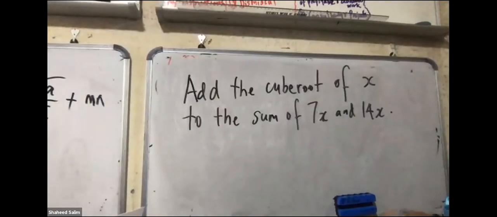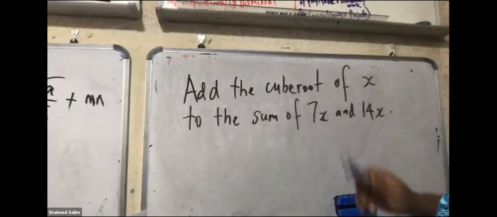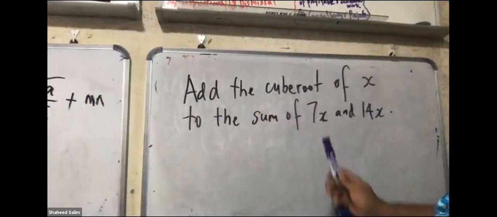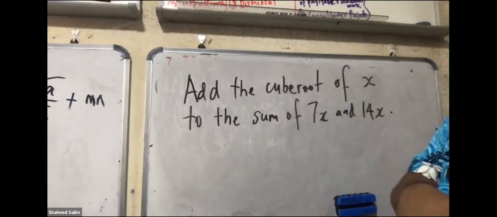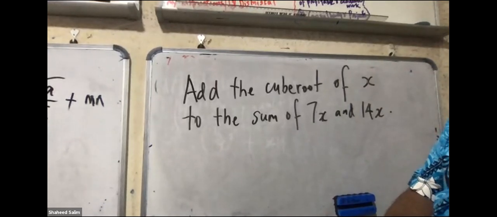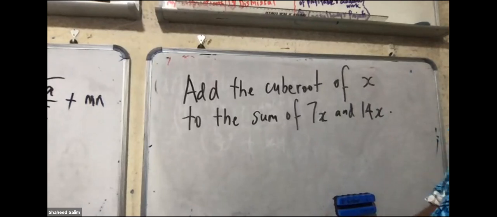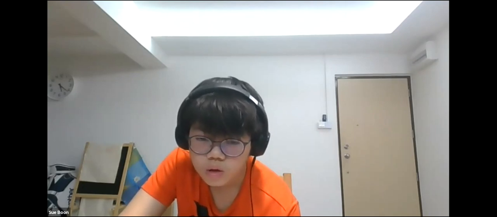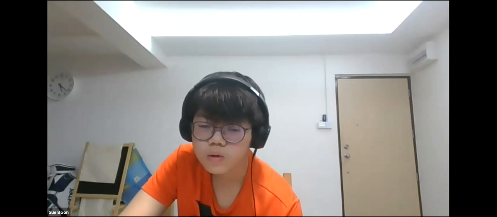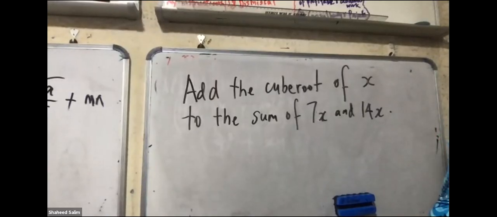Okay, you try now without my help. Add the cube root of x to the sum of 7x and 14x. Can you break it up?